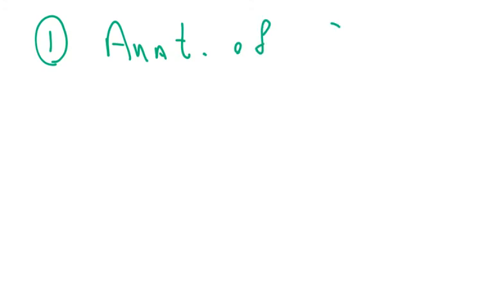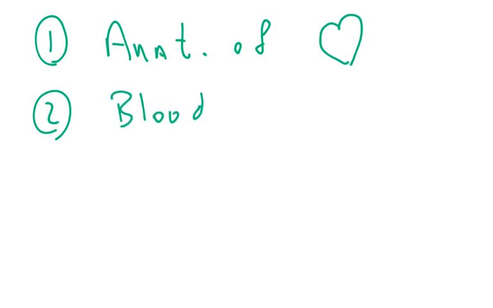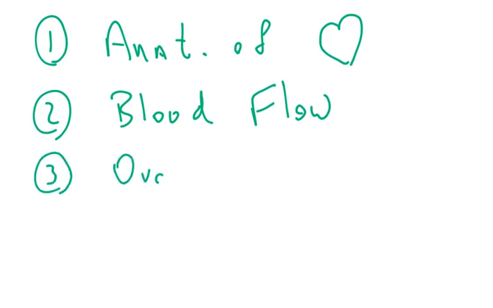So with this being said, we covered quite a bit today. Within this, we covered a couple of different areas. One was the anatomy of the heart. Second was blood flow. Third is the overall anatomy of the cardiorespiratory system.